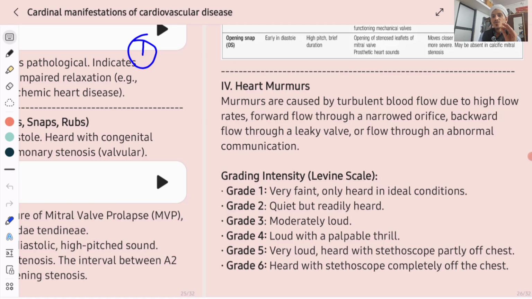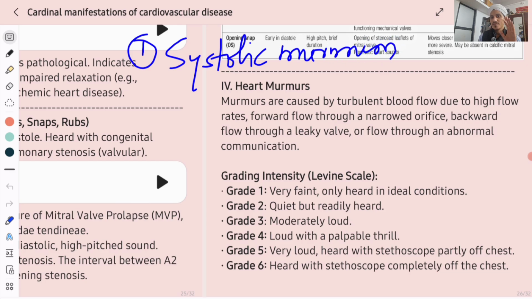So which murmurs are heard during systole? If you know the basics, it is very easy to remember. Because the atrioventricular valves close, there should be no flow through them, so the AV valves, meaning mitral and tricuspid, will have regurgitation.